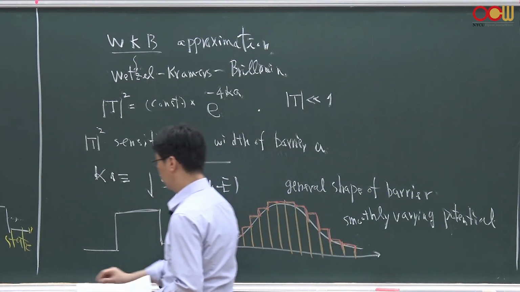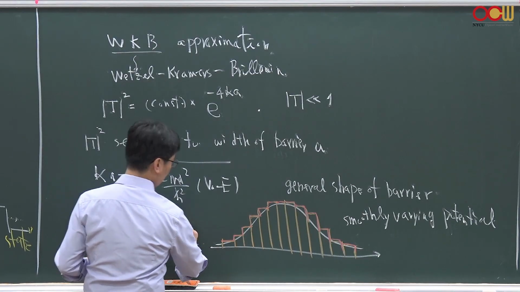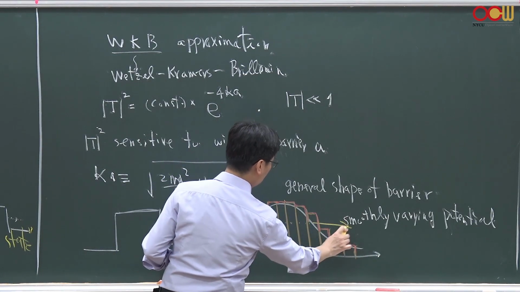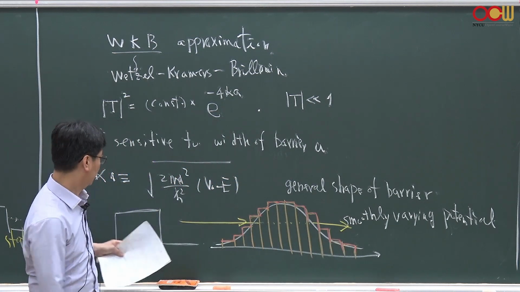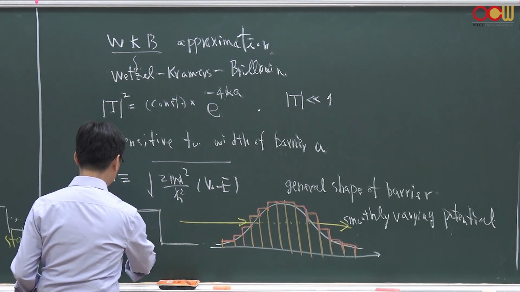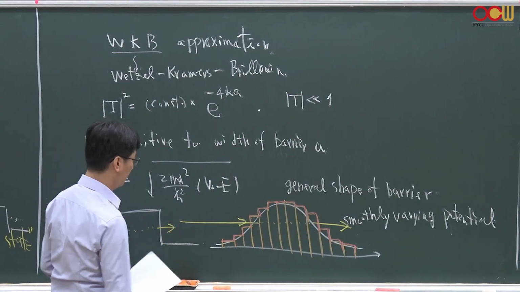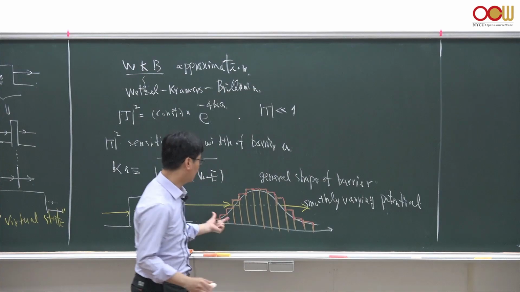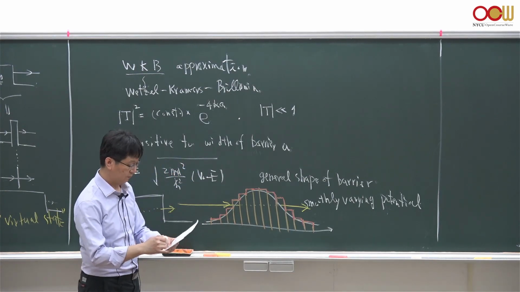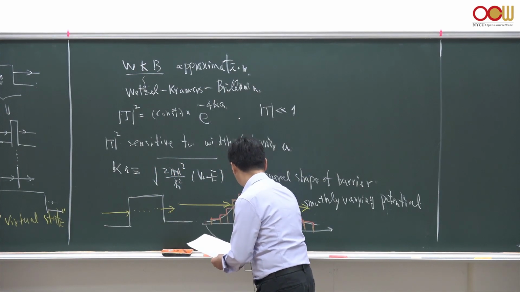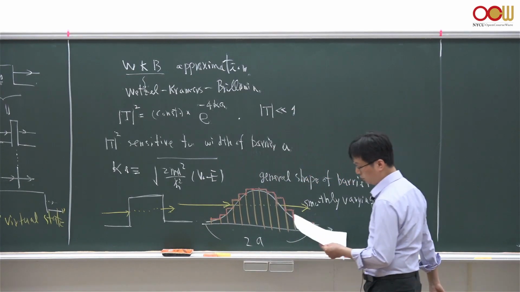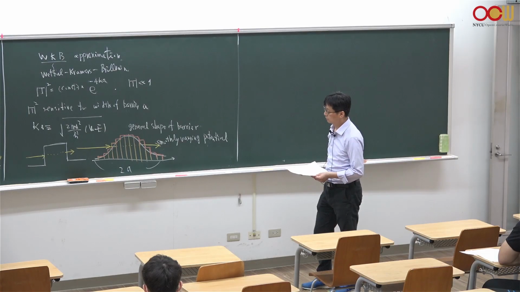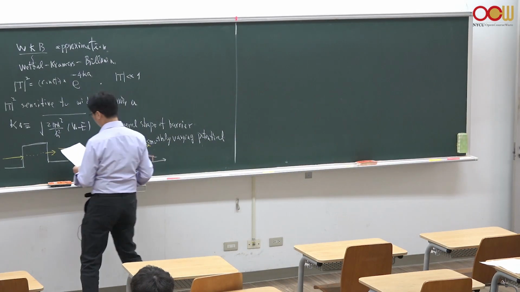Then you could consider the case where the particle hits the barrier like this, just like a single barrier. So WKB developed this approximation based on meshing the general shape of the potential barrier into little squares or rectangles.